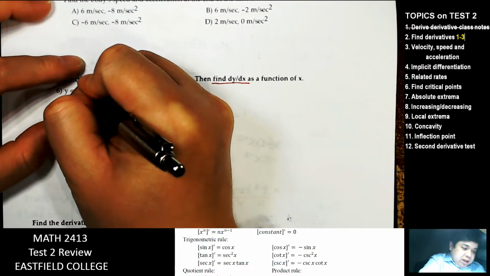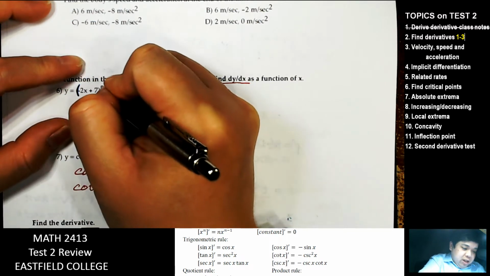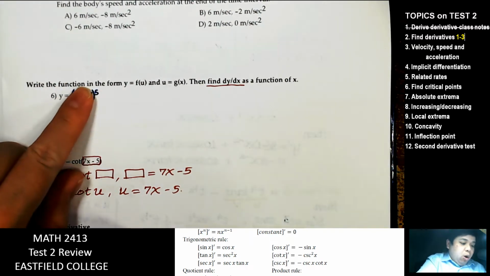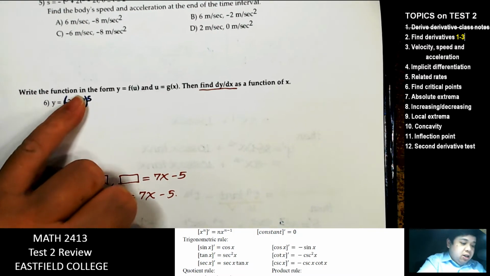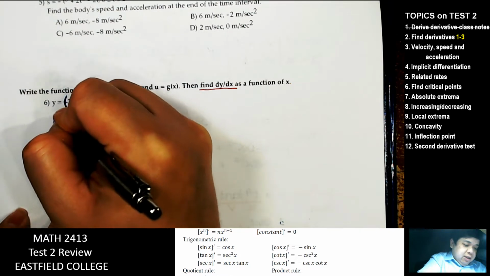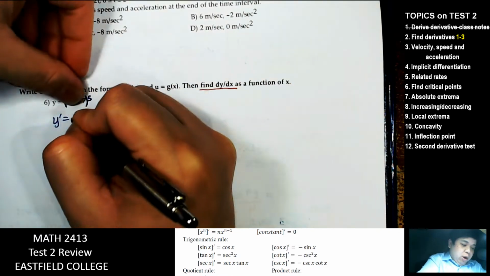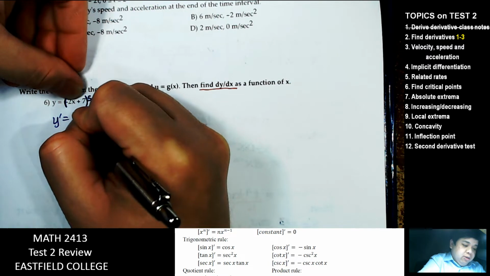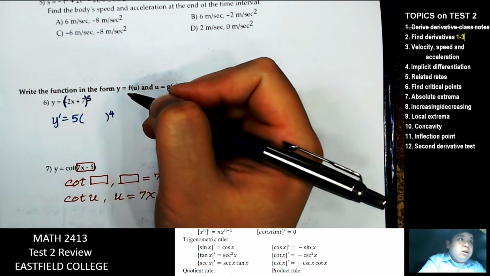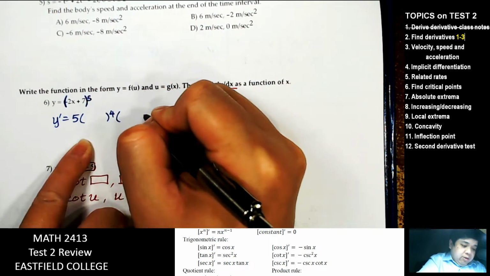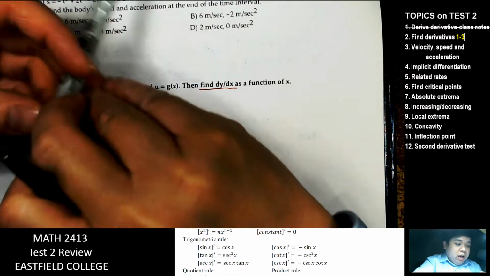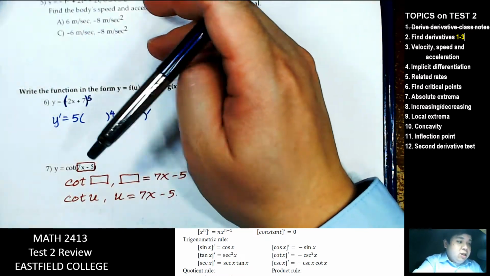Now, if we have the parentheses here, to the fifth, we will ignore whatever is inside, and then we'll take the derivative. The derivative of parentheses to the fifth is going to be 5 parentheses to the fourth, and then the derivative of whatever is inside the parentheses. So in this problem, it doesn't matter what we have inside that parentheses.